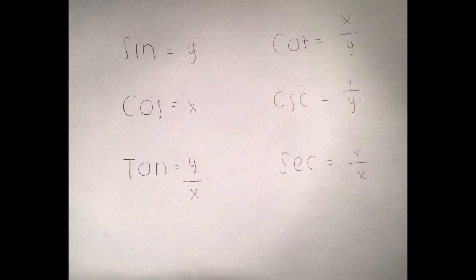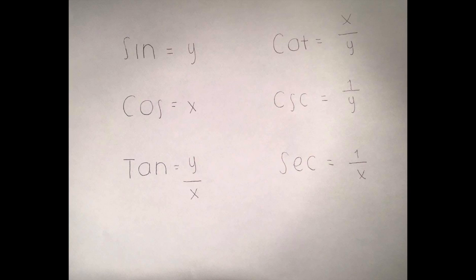Sorry. So if they ask you the sine of 60 degrees, it will be the root square of 3 over 2, because the sine is the y. If they ask you the cosine of exactly the same angle, it will be 1 over 2, because it is the x and cosine is the x.